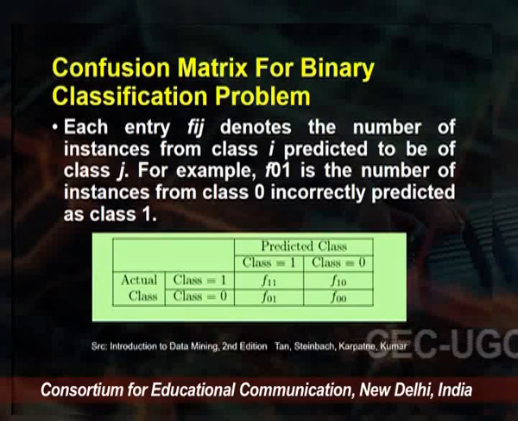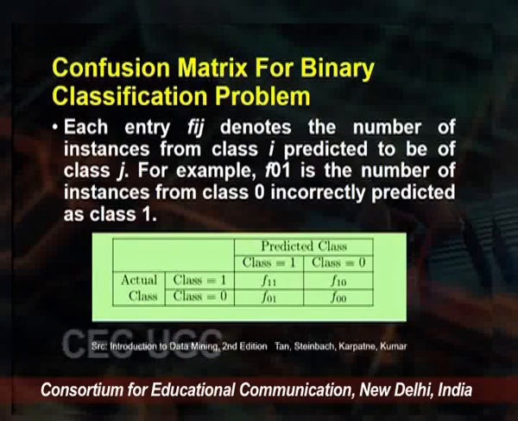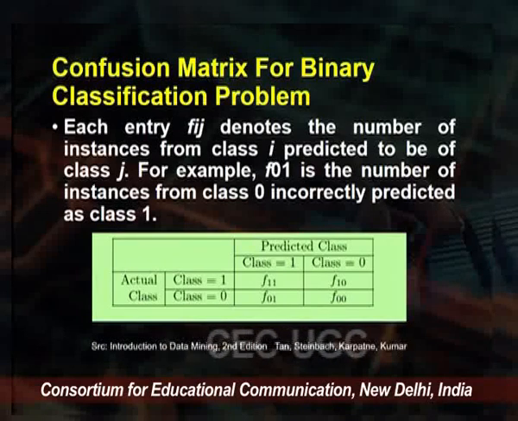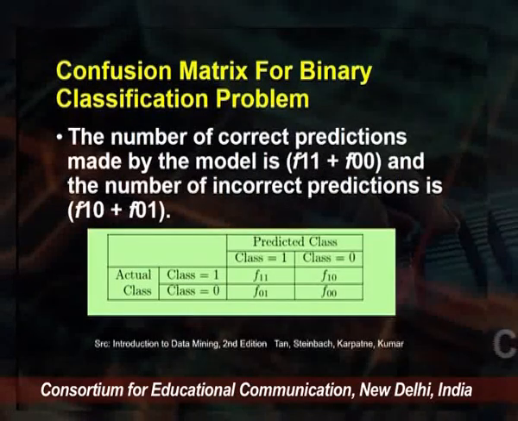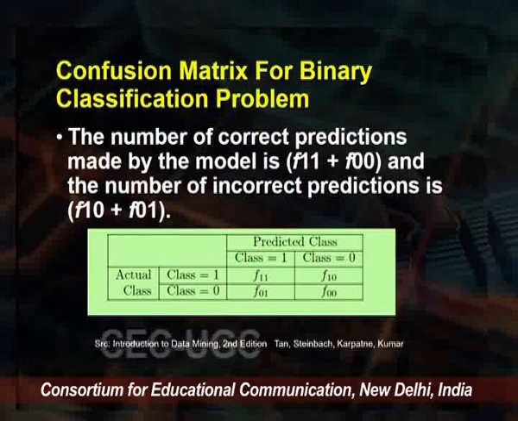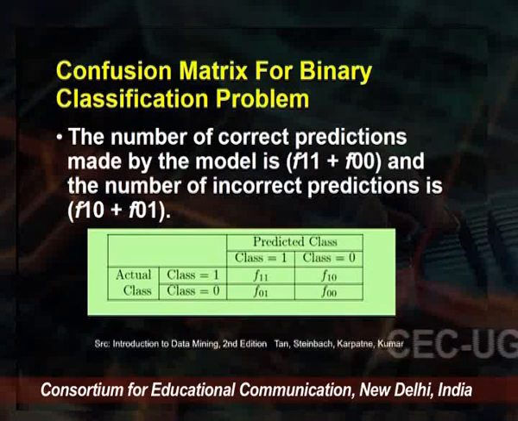So here this table is a perfect tool for evaluating the performance of the classification model. If you want to find out the number of correct predictions made by the model, it will be F11 plus F00, and the number of incorrect predictions will be F10 plus F01.